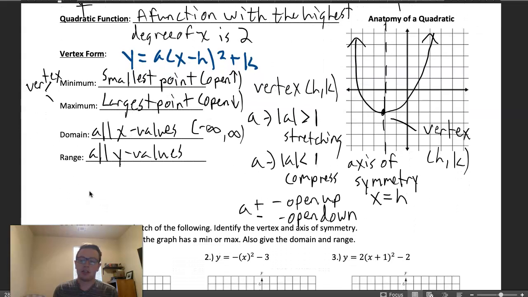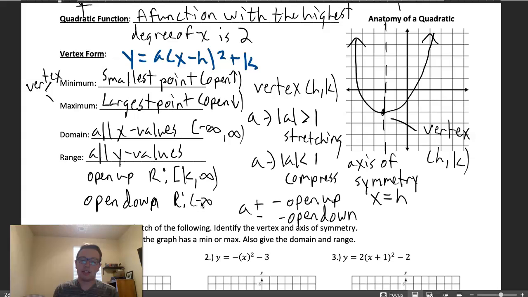If we open up, the range is going to start at our minimum value, which is the value of the vertex, and go up to infinity. If we're opening down, however, then we're going to start at the vertex and work our way down. So our range will start at negative infinity and work all the way back up to the maximum point, or the vertex.